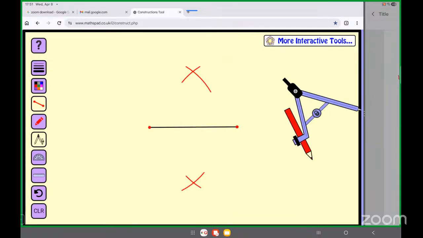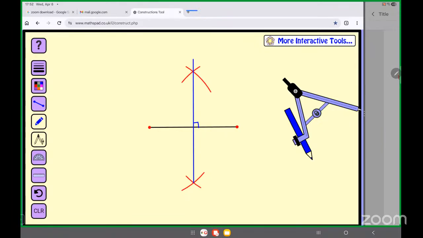Then you draw a straight line through those two intersections. That's your perpendicular bisector. That blue line would have divided that line into two equal halves, and it is also perpendicular to the line right here.